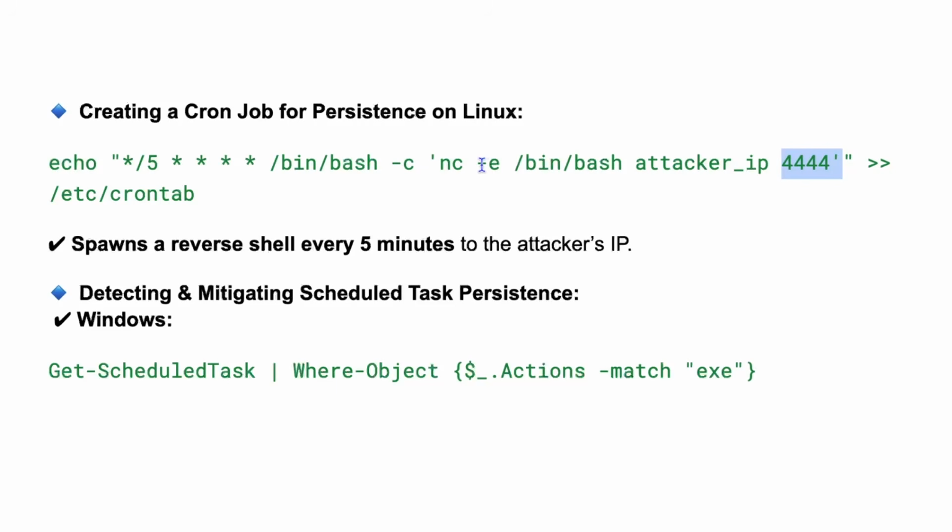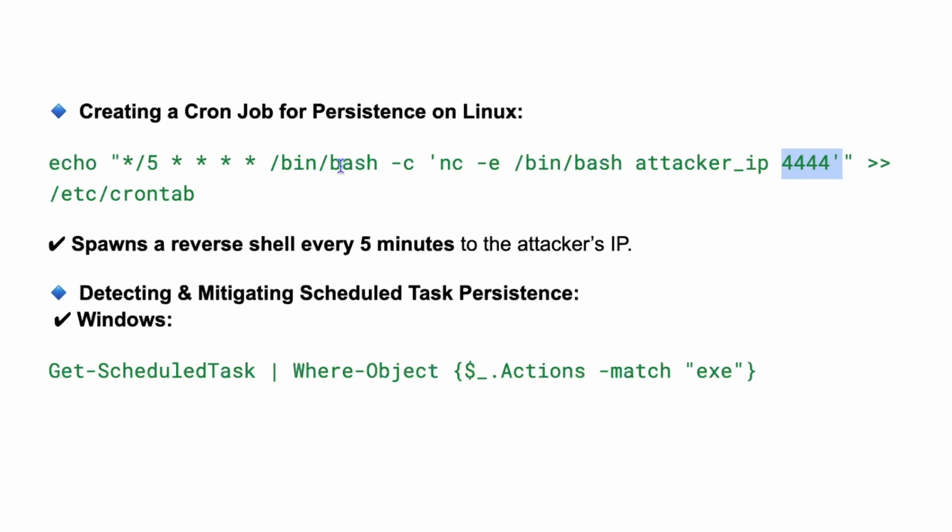Now, this piece sometimes does not work, so you don't necessarily have to execute /bin/bash inside of your netcat command. Sometimes it works, sometimes it doesn't, but for the most part, the reliable element of this would be the nc portion, and then the attacker IP and 4444, where netcat is going to try to connect to the IP address on this port.